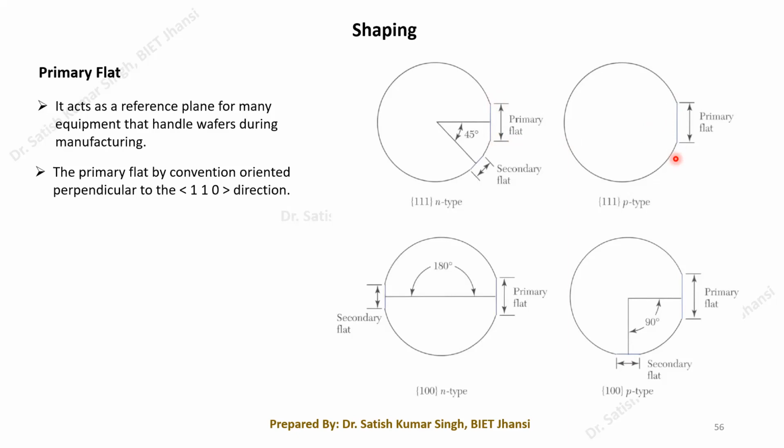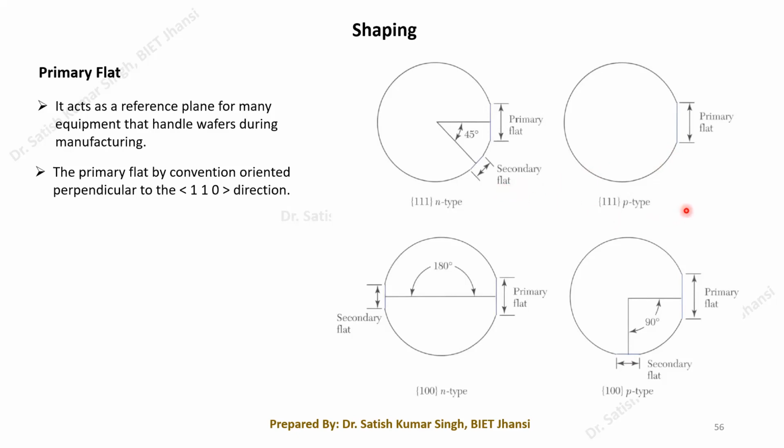Now, the basic use of the secondary flat is to identify the crystal orientation and the type of substrate, or the type of the wafer, whether it is p type or n type. It is just like a coding onto the wafer itself, so that anybody, just by seeing these flats, can tell whether it is a p type wafer and what its orientation is.